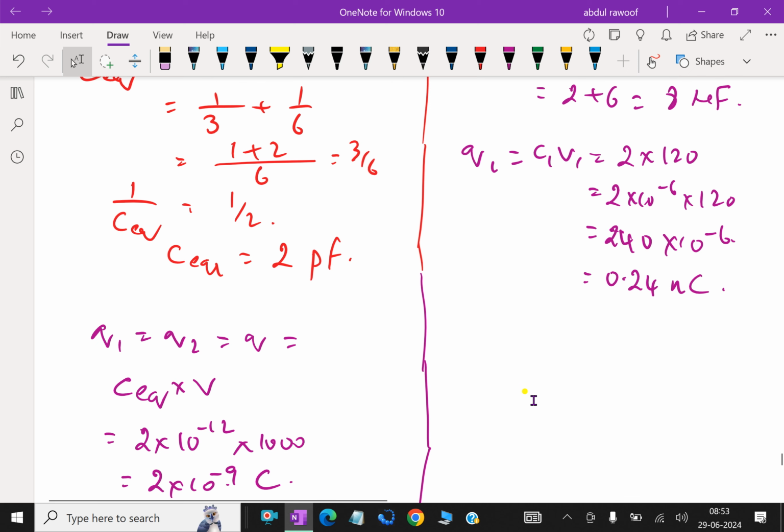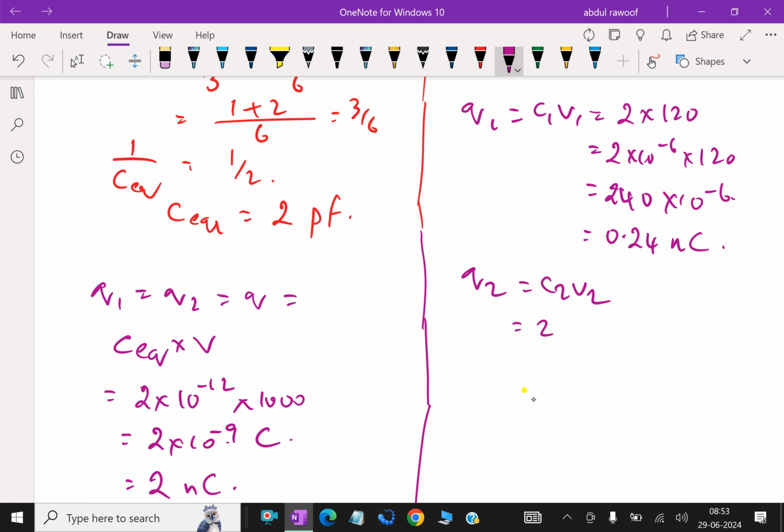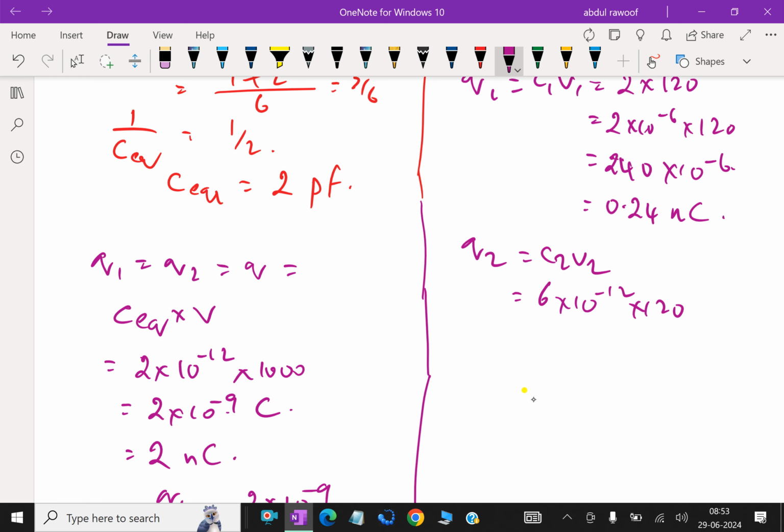Q1 is C1 V1, then Q2 is C2 V2, which is equal to 6 into 10 power minus 12 into 120 volts, which gives 0.72 nanocoulomb. That is 3 times more than Q1 here.